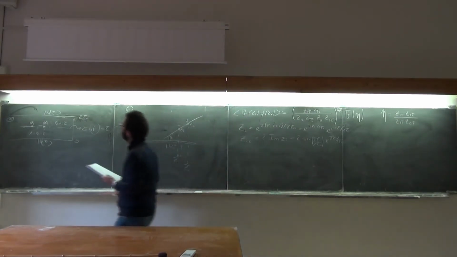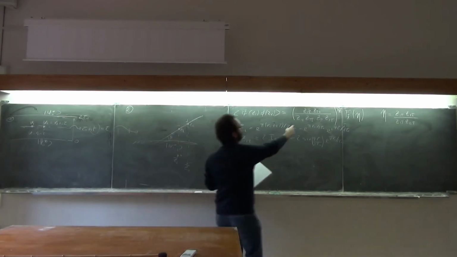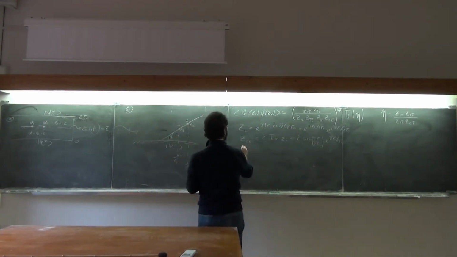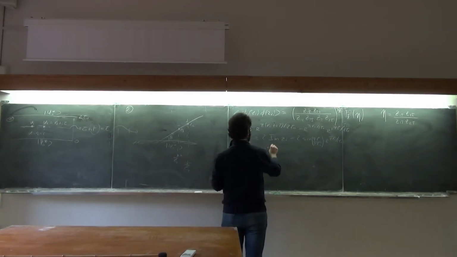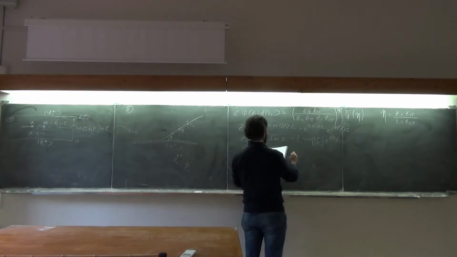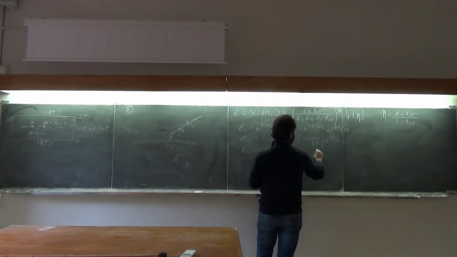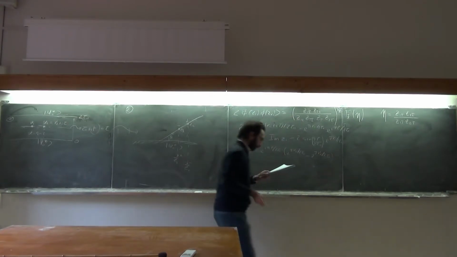The distance between 1 and 2, Z1 Z2, that enters here, is equal to e to the i pi tau divided by q tau naught. Okay, this is not a distance, this is just the difference between the two points. e to the pi R1 divided by q tau naught minus e to the pi R2 divided by q tau naught.